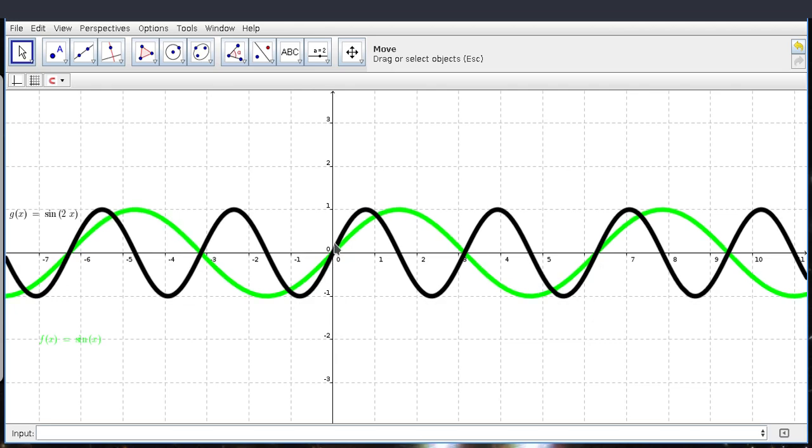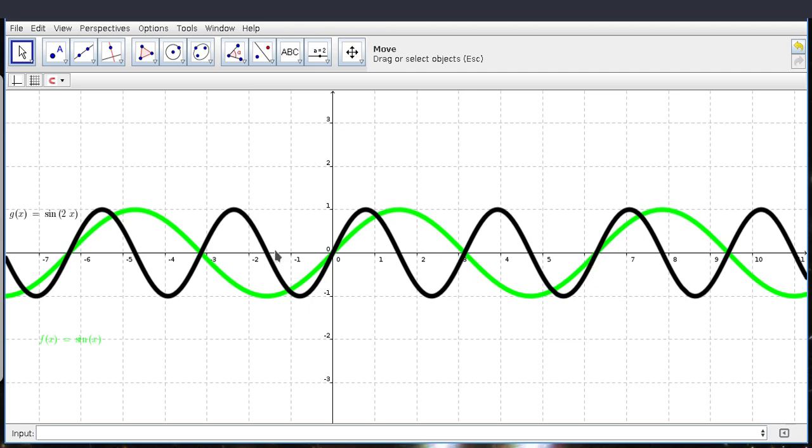But the modified graph goes from 0 to maximum, back to 0, down to minimum, back to 0. It happens. And then it does the same thing again. Goes from 0 to maximum, maximum to 0, 0 to the minimum, minimum back to 0. It happens 2 times.